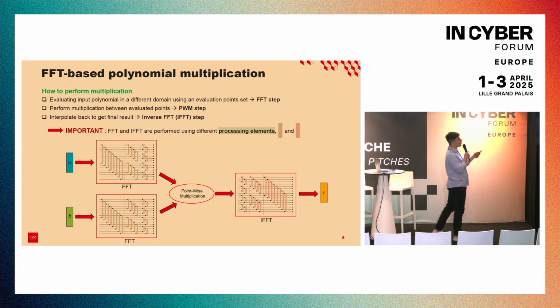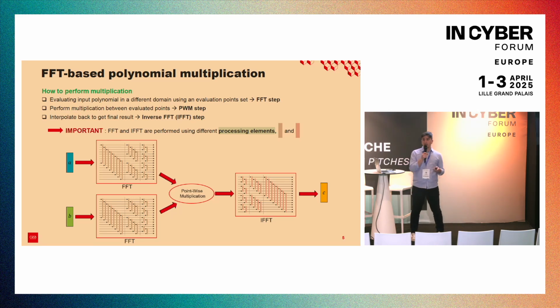Then we perform the multiplication using the pointwise multiplication step. And after, in order to get to the final result, we evaluate back using the inverse FFT step in order to retrieve the result in the correct polynomial basis.